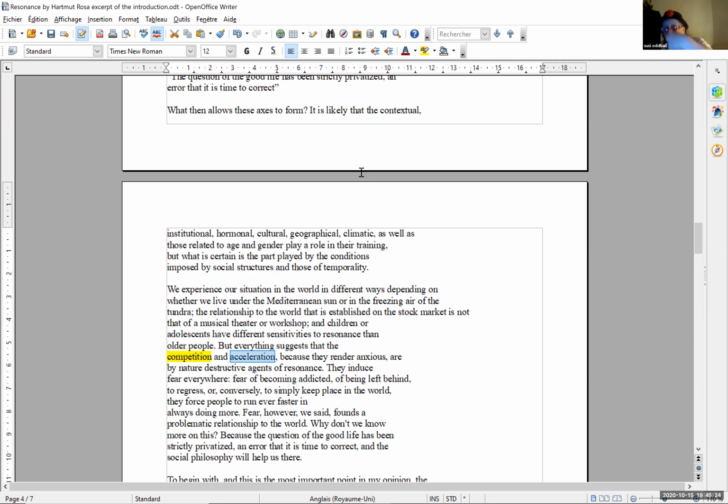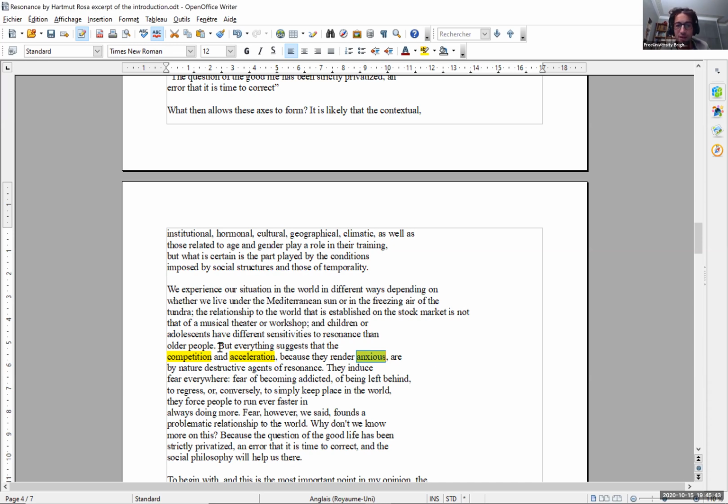A previous book by Rosa that became famous is on acceleration. It's actually entitled Acceleration. They render anxious. Anxiety is part of modernity.